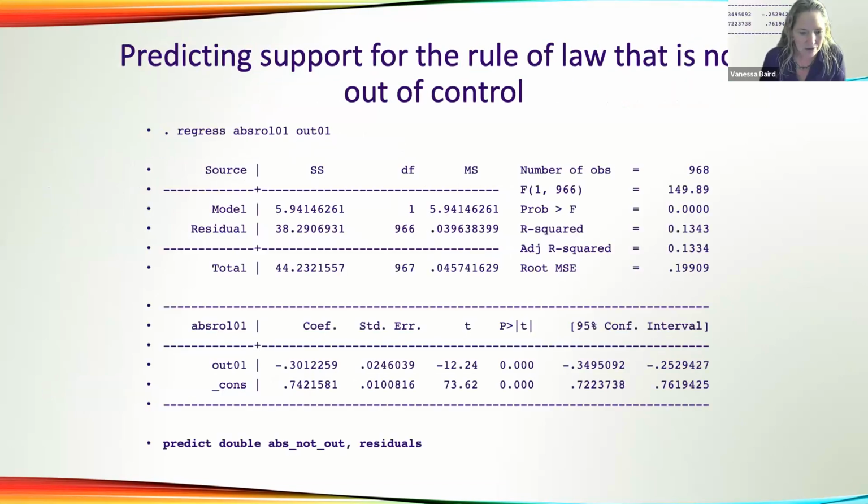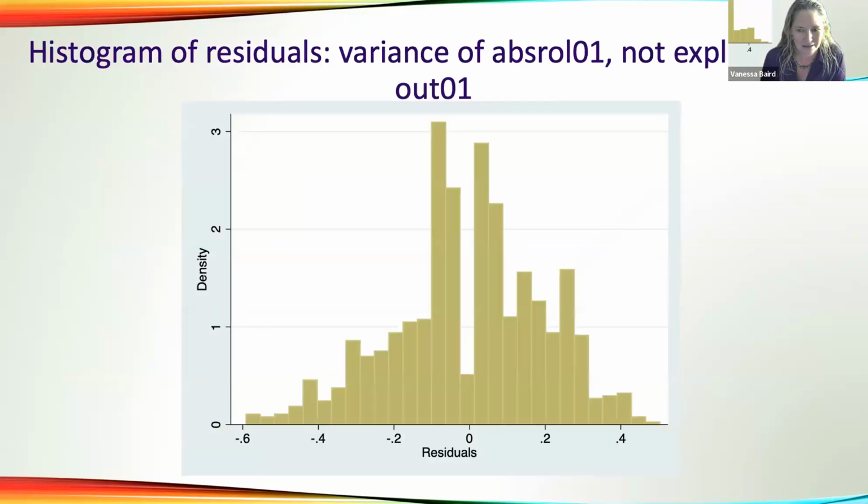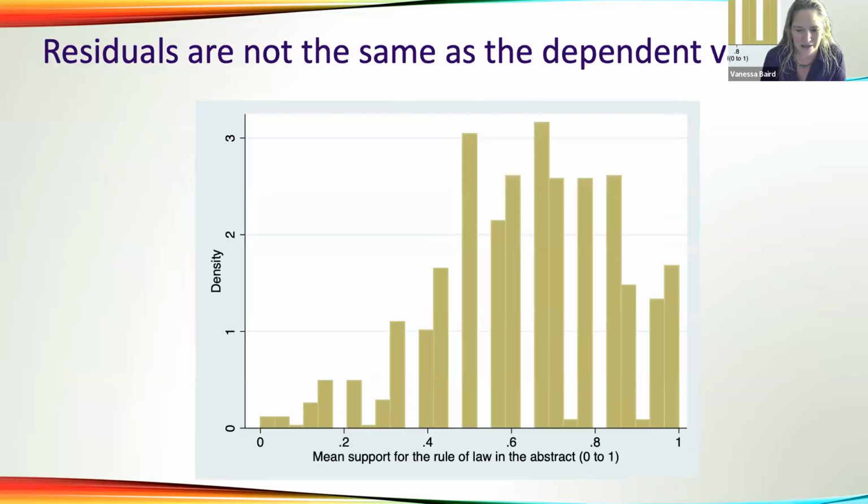Okay. So I ran a regression on out, and I predicted this variable called abs not out. This is what it looks like.